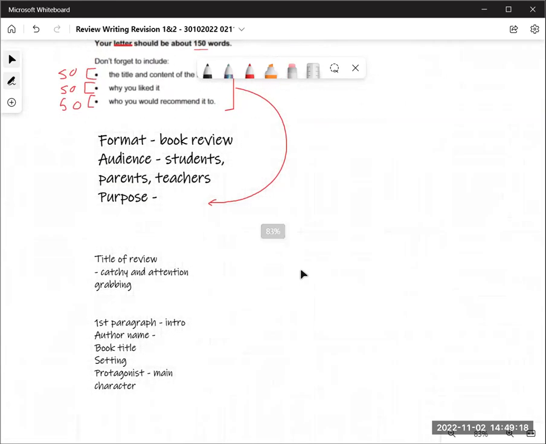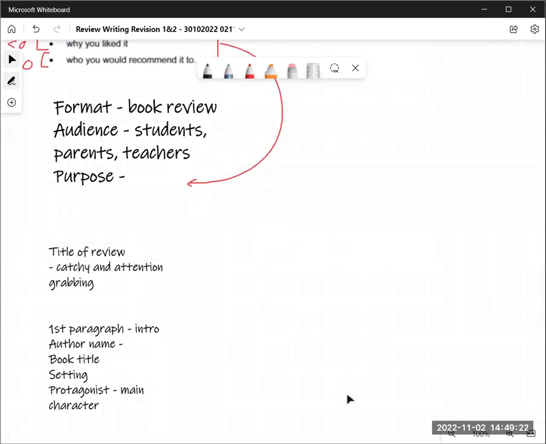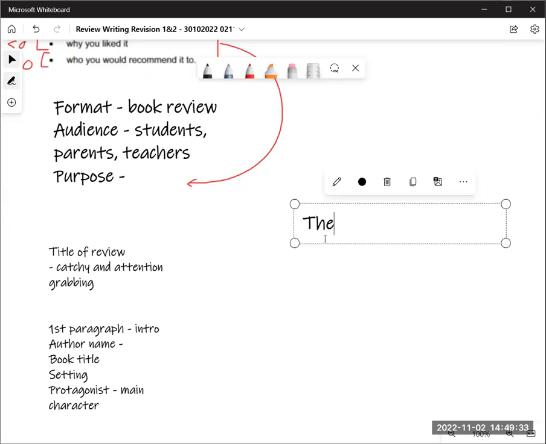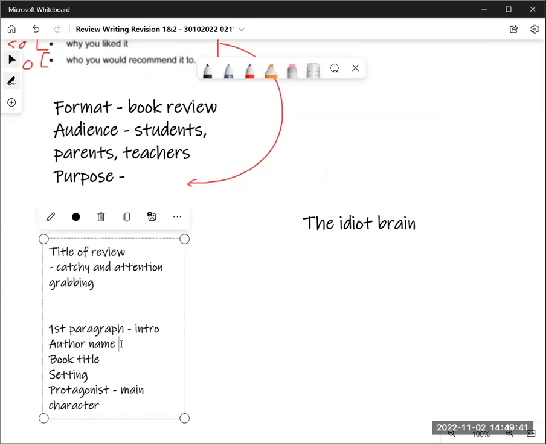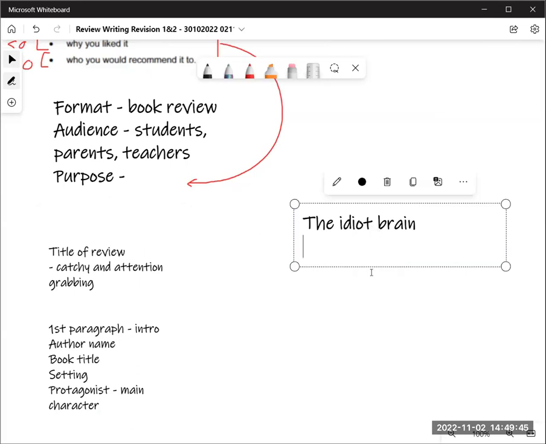Before we even write the review, we have to decide a book. What books can I choose? Give me suggestions, anyone. Najla, Sumaya, give me a name of a book. There's a book called The Idiot Brain. All right. Anyone else? I don't know any.